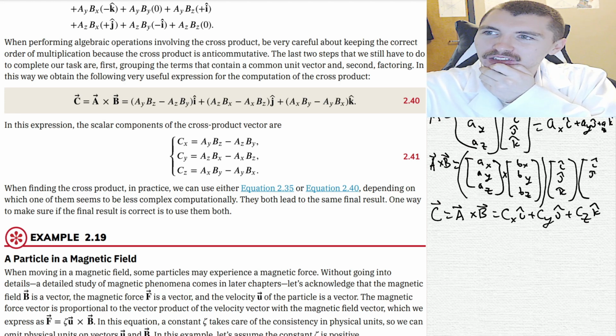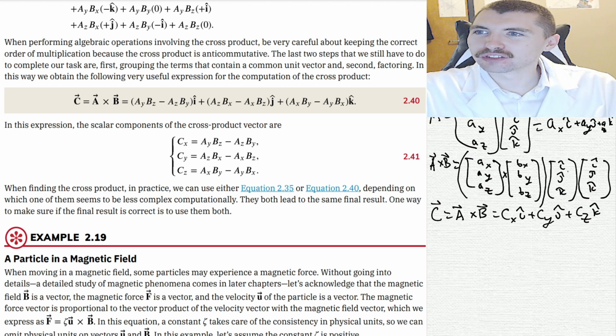The A is going to have its own ijk vector, and B will have its own ijk vector.